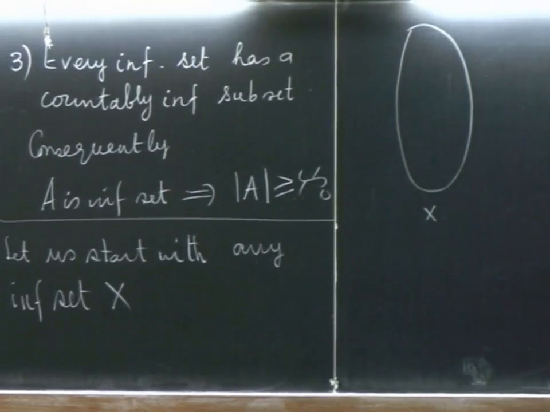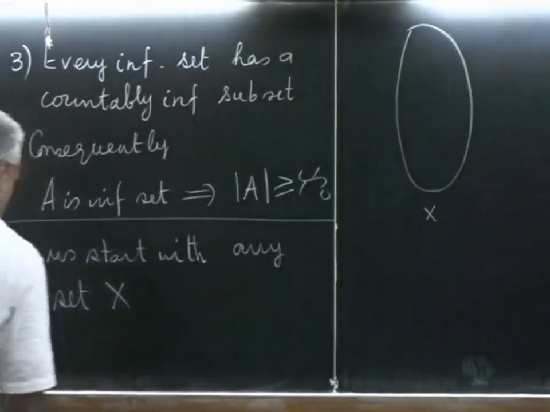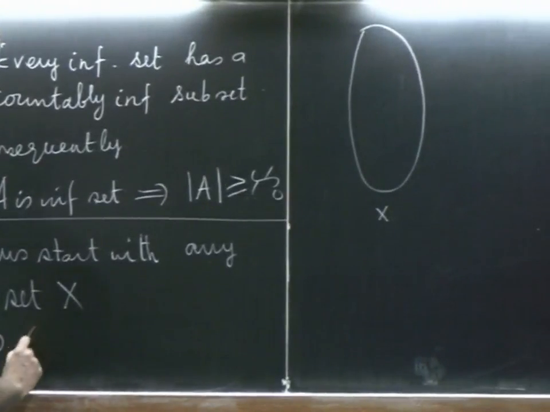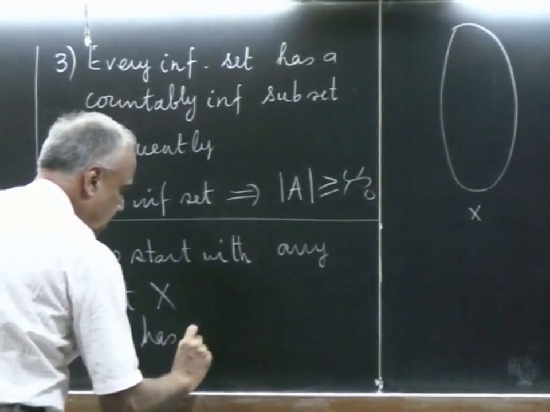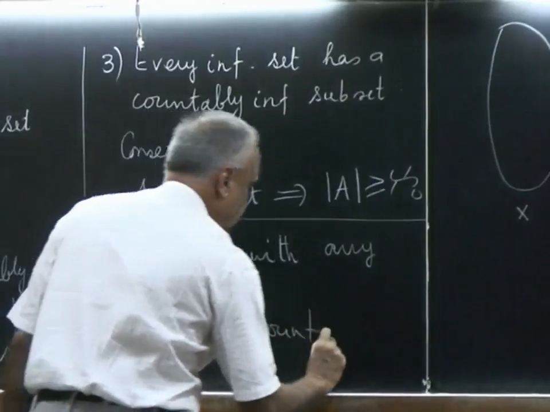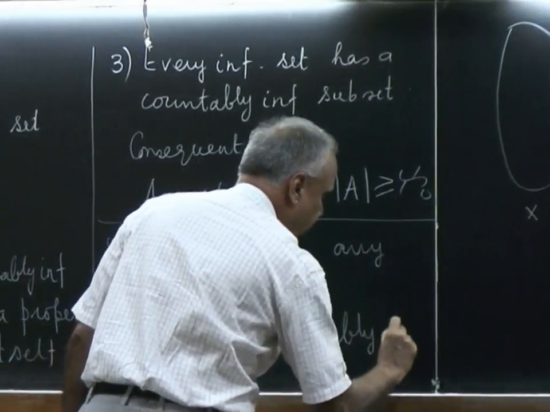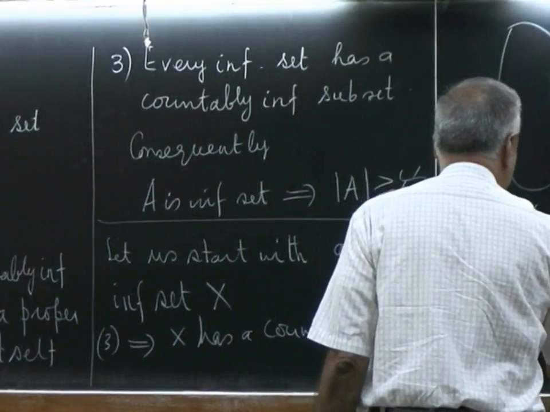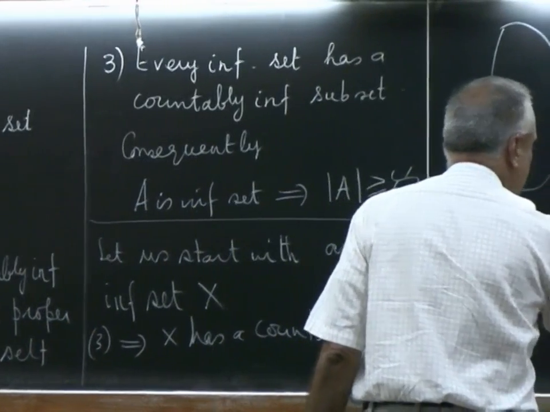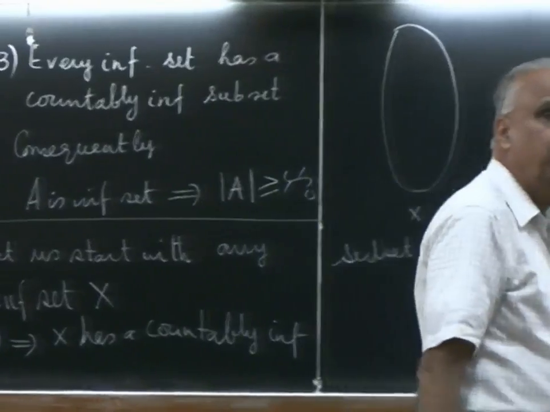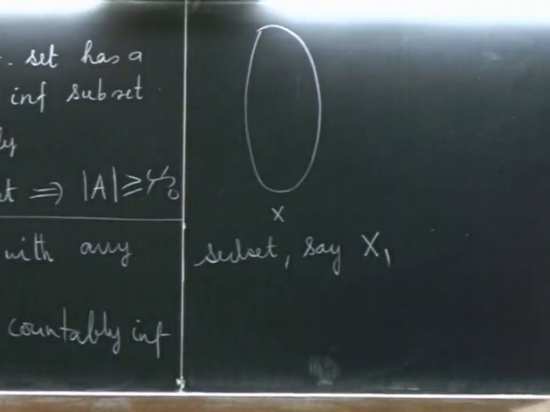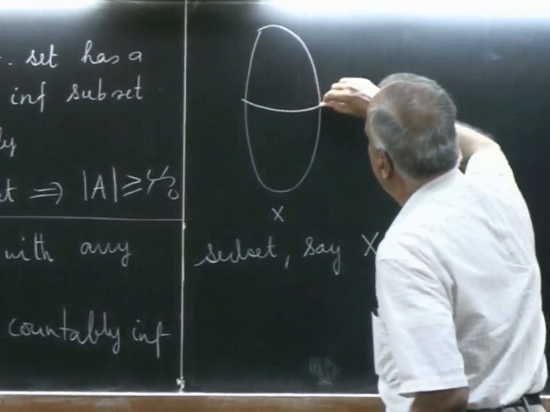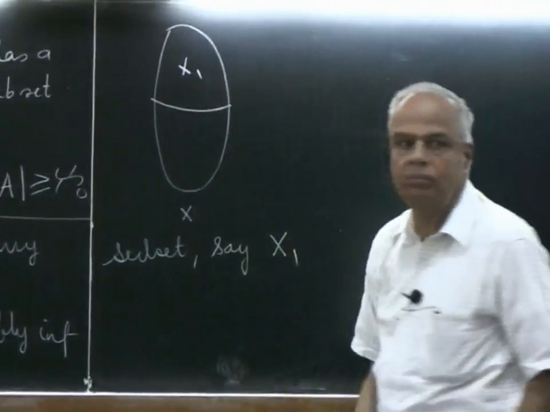So by 3 above, X has a countably infinite subset. Say one of them is X1. So here is, say, X1.